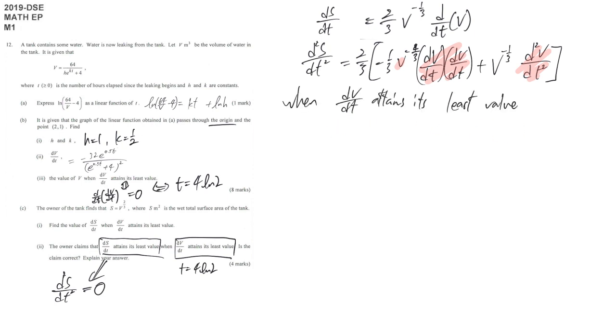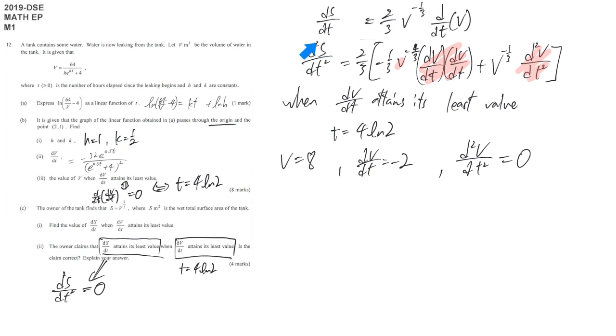When dv/dt attains its least value, that implies t is equal to 4 natural log 2. In this situation, v is equal to 8, just like what we calculated before. dv/dt is equal to -2. And finally, the second order derivative, of course, is equal to 0.